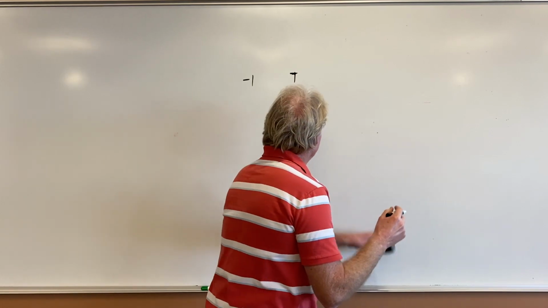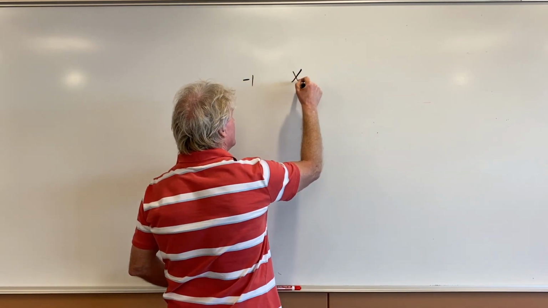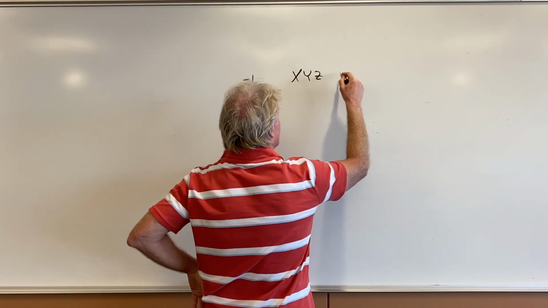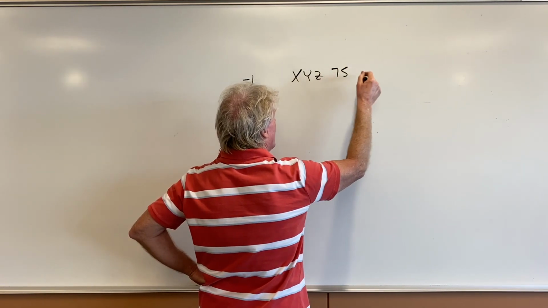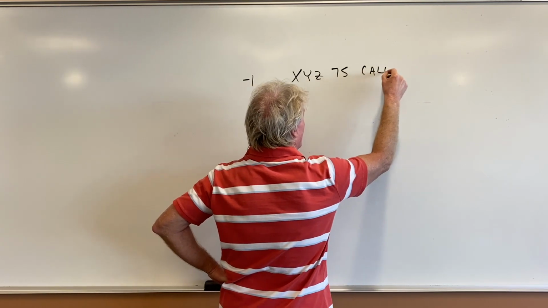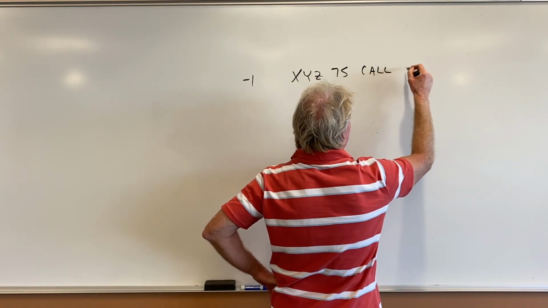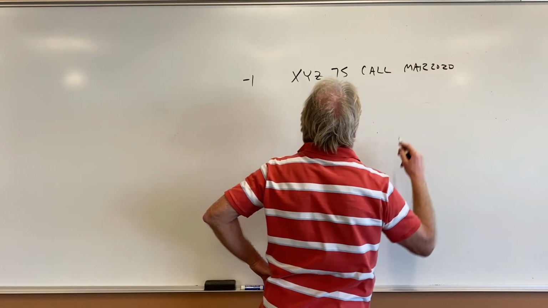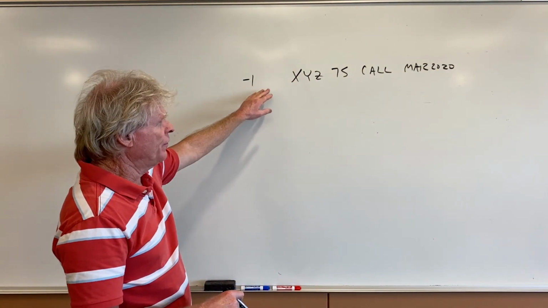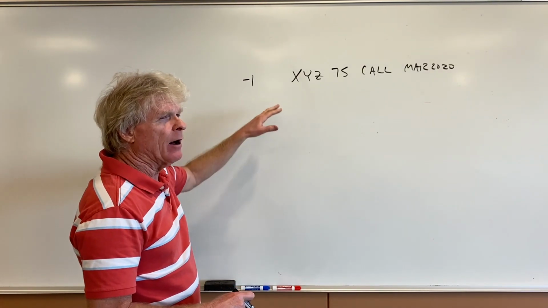I'll use a fictitious XYZ 75 call, expiring March 2020. Okay, so that's your position, okay? Now, think for a moment.